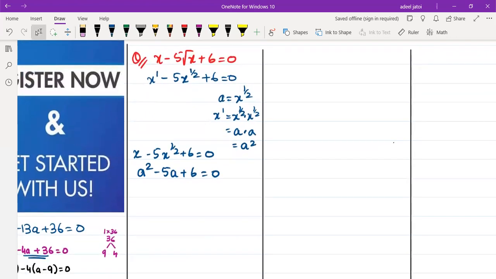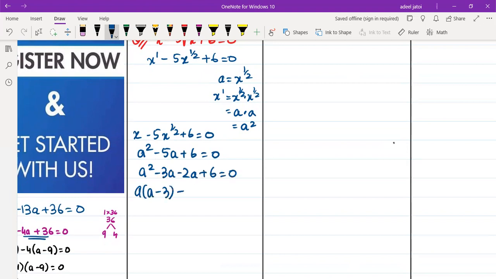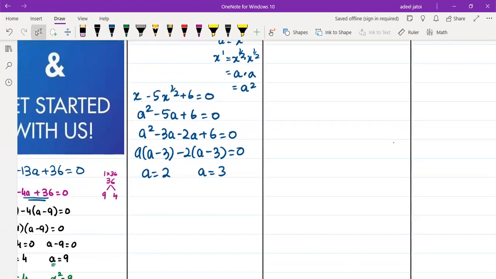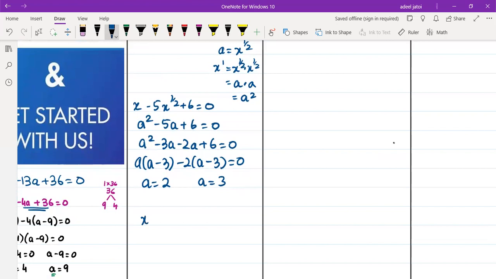If we use middle term breaking here, we get a squared minus 3a minus 2a plus 6 is equal to 0. So a minus 3 and a minus 2, a minus 3 is equal to 0. a is equal to 2 and a is equal to 3. But we already knew that a was in place of x to the power half, so x to the power half is equal to 2 and x to the power half is equal to 3.